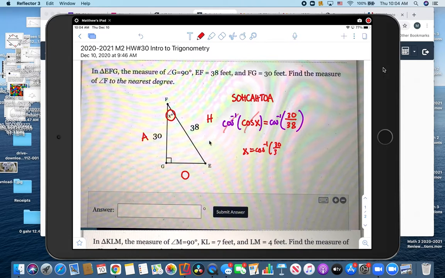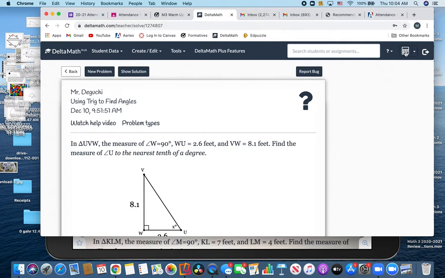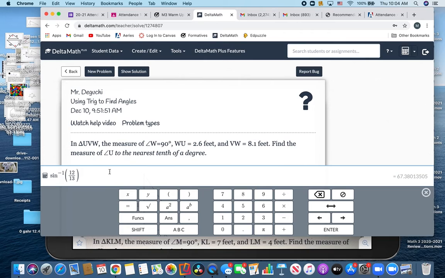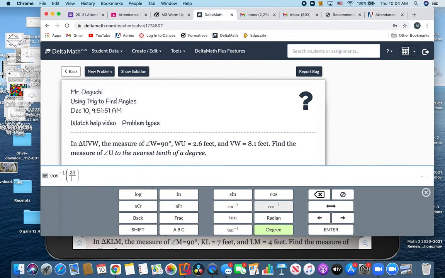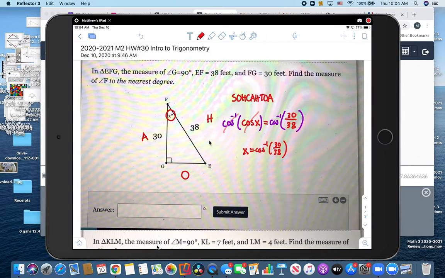So certainly put that in your calculator. Functions, cosine inverse of 30 divided by 38, and it's right there. And in the directions, it says to put it in degrees.